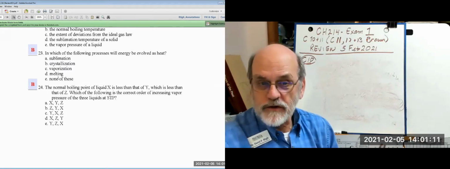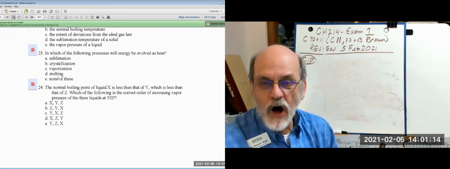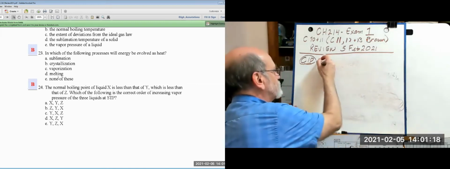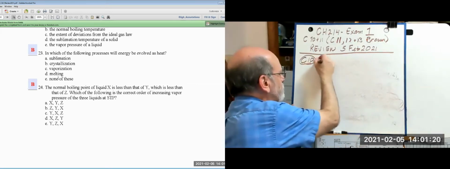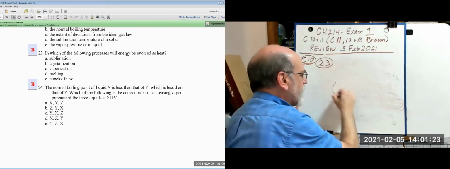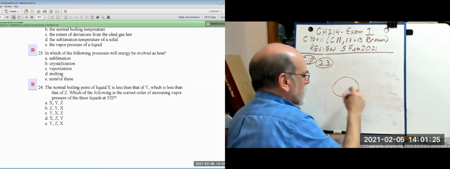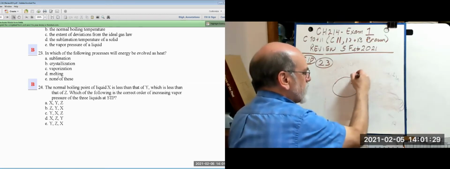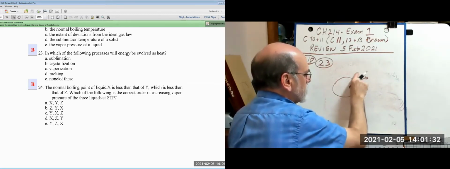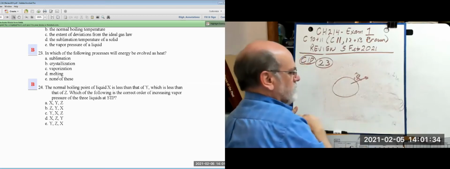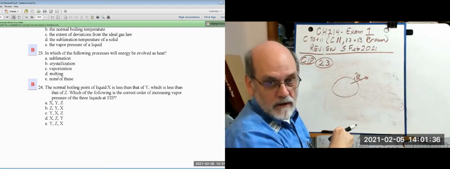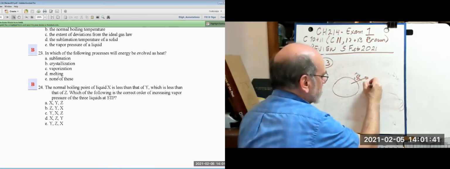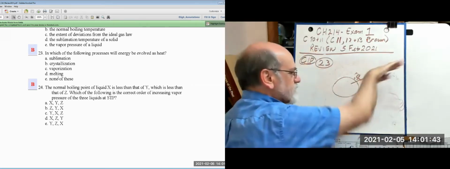23. In which of the following processes will energy be evolved as heat? All right, so let's do a picture. So remember, when we have a system, if heat is evolved, if heat is moving in that direction, then the evolution of heat would give us a negative delta H. It's leaving the system.